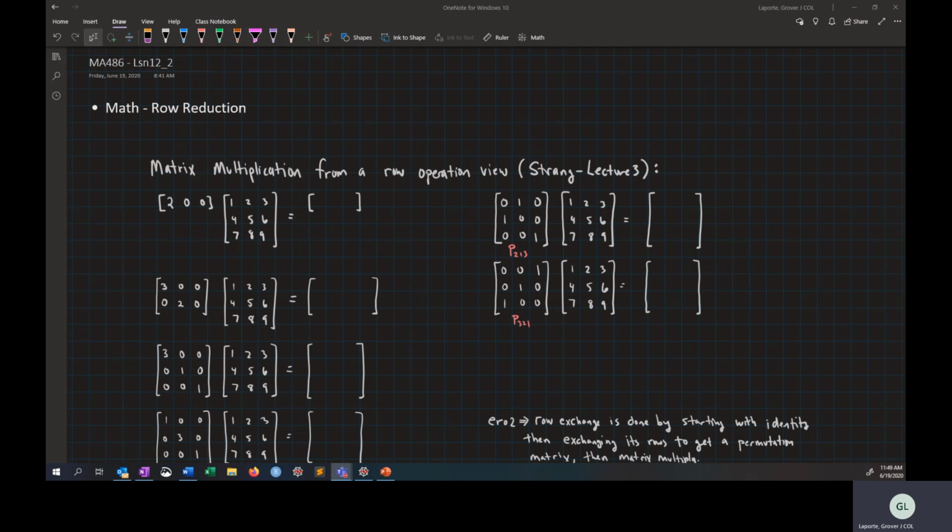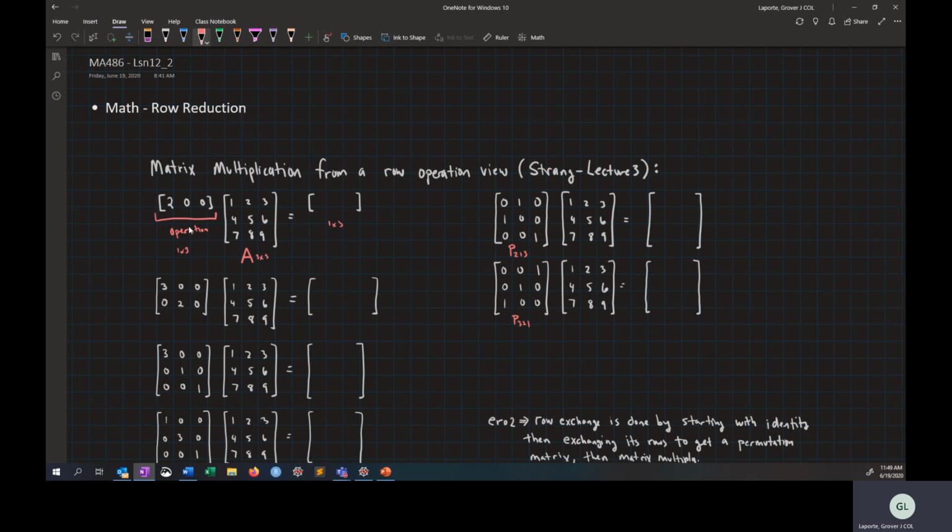But just remember, if we're multiplying a matrix, and all of these matrices that I'm sharing with you right now, this is the matrix A that we're trying to do something to, and this is the operation that we're doing to it. Because this is a 1 by 3 and this is a 3 by 3, we expect to get a 1 by 3.